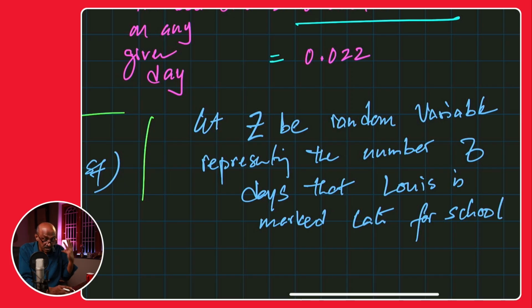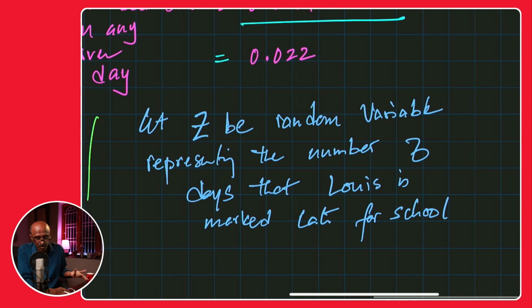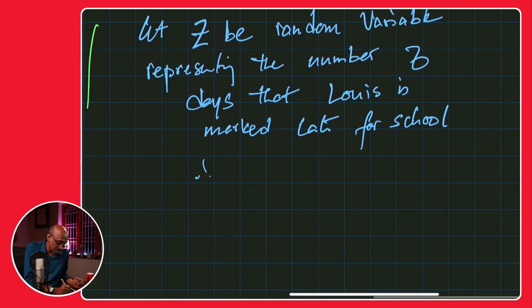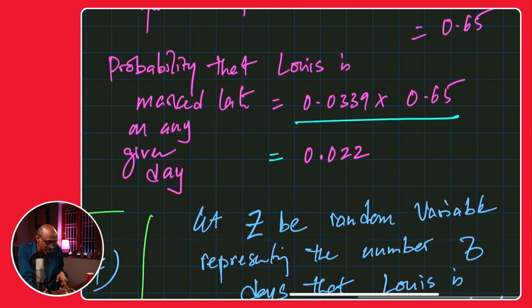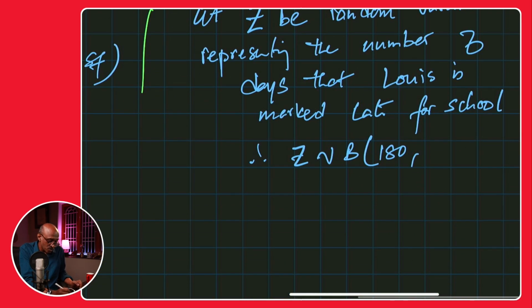This is a third random variable, and it is clearly binomial because it's a discrete random variable. Therefore, Z is a random variable with a binomial distribution. N again is 180 because you've got 180 school days. The probability of him being marked late on any given day is 0.022, okay?